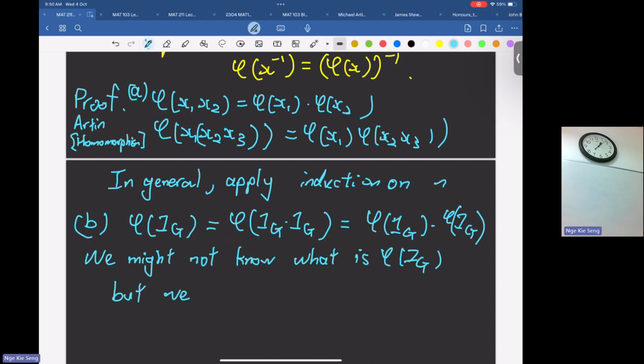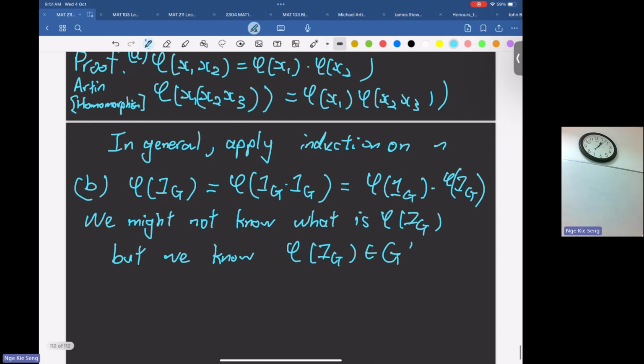We know phi of 1G is in G prime. It's a group. So if it is a group, you can apply the laws of a group.